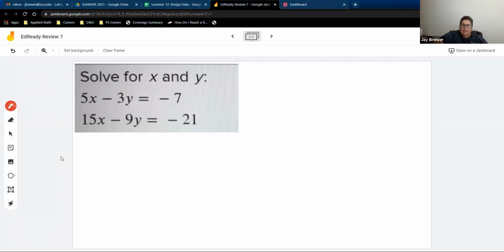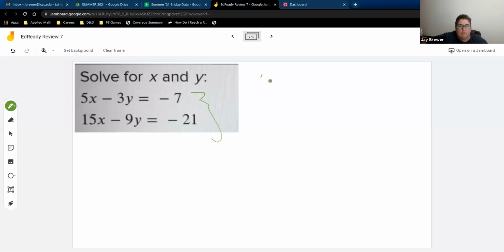It doesn't tell us what we have to use, so I'm going to show you on the next one, like describe the graphing to you, but for this one, we'll use substitution. So what I chose to do is solve equation 1, the top one, for x.